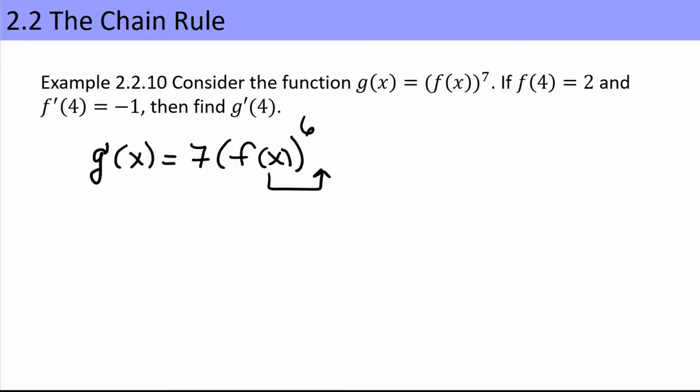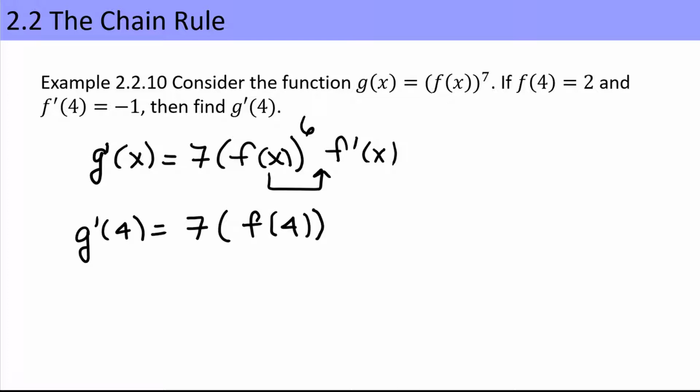Then we need to multiply it by the derivative of the inside function, which we'll write as f prime of x. So now if we want g prime at 4, we want 7 times the function f evaluated at 4, that raised to the 6th, times the derivative evaluated at 4.